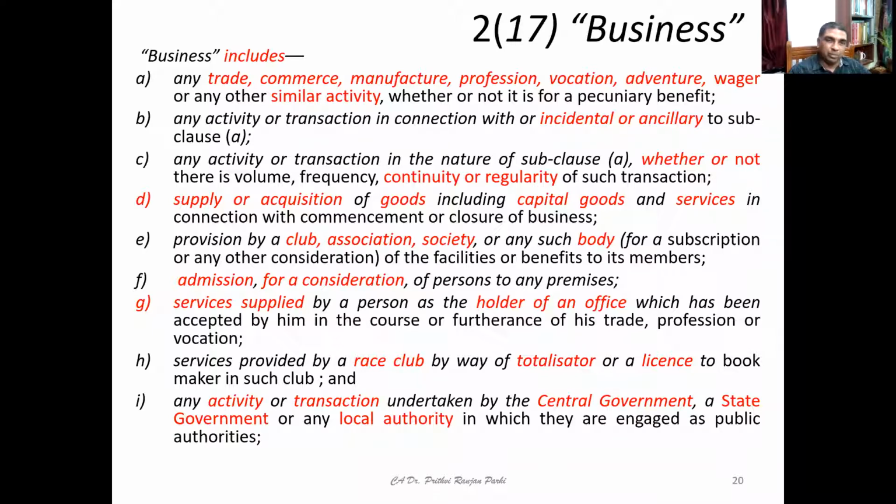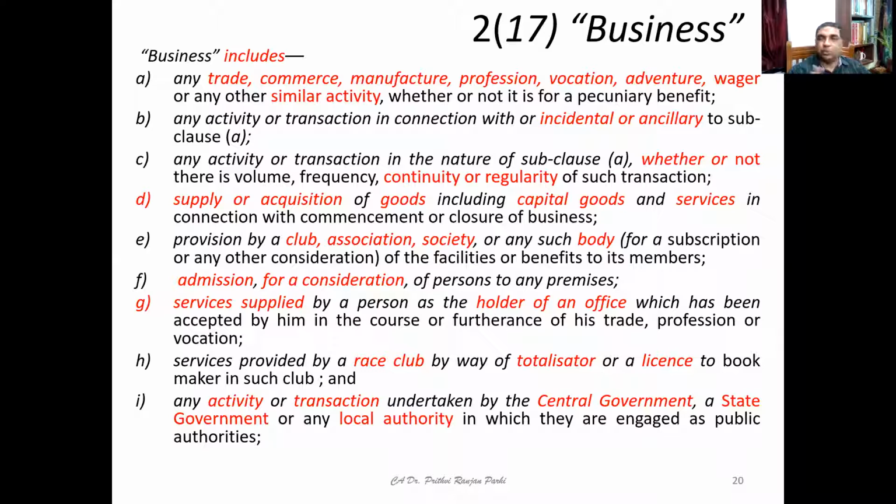It includes provision by club, association, society, or body, of certain facilities to its members, admission for a consideration, services supplied by a person as the holder of an office which has been accepted by him in the course of furtherance of his trade, profession or vocation, services provided by race club, totalizator license, any activity or transaction undertaken by central government, state government, local authority, in which they are engaged as public authorities.